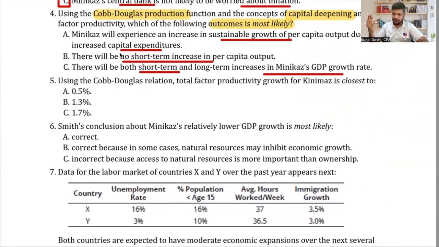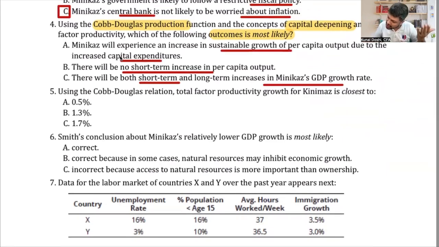If it was developed, then capital deepening won't benefit. But since it is underdeveloped, capital deepening will result in short-term growth. But since the country is investing in technology, it will have long-term economic growth also. So the outcome will be both. Got it, everyone?